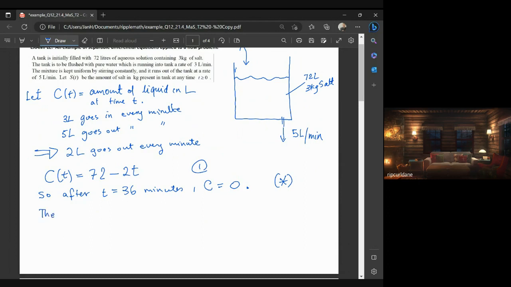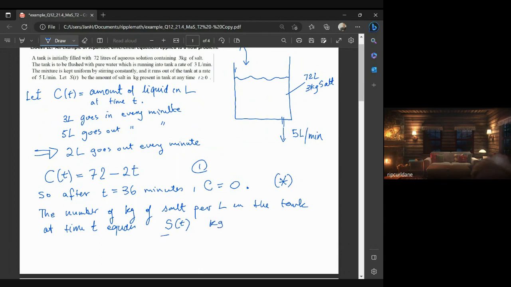So the number of kilograms of salt per liter in the tank at time t equals S of t, that's the amount of salt present in the tank in kilograms, over the capacity, and that's liters.